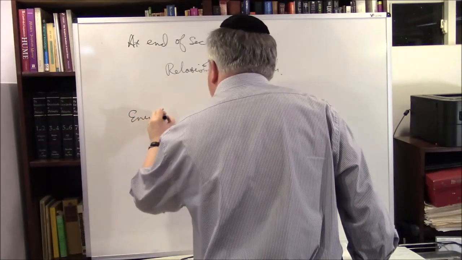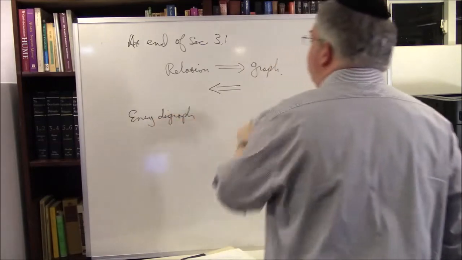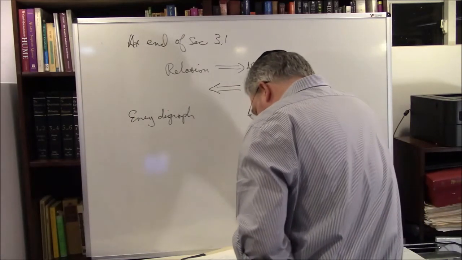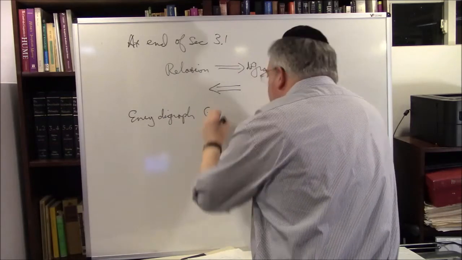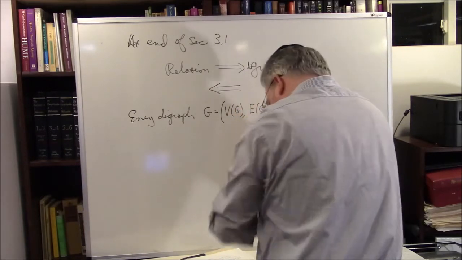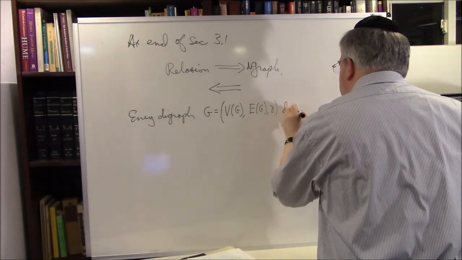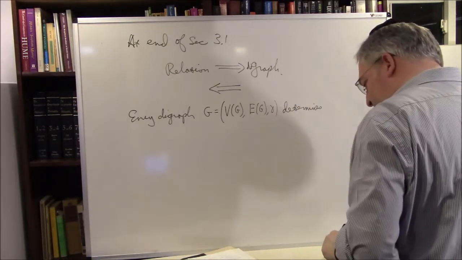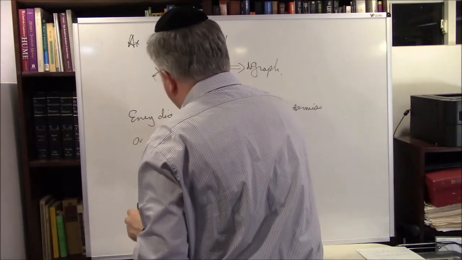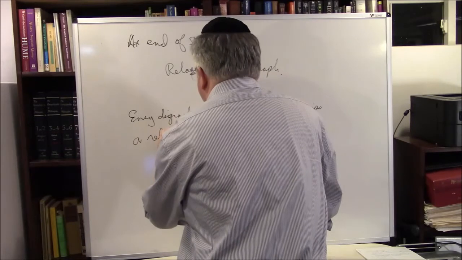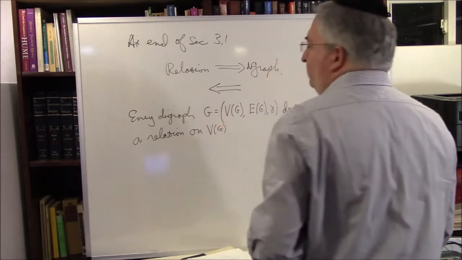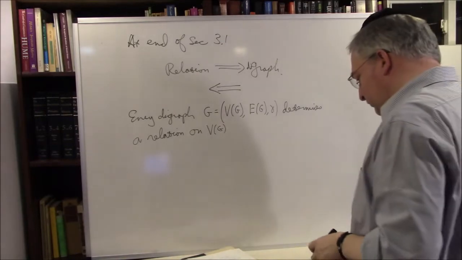Every digraph, keep in mind it's directed, every digraph G, which consists of the vertices of G, the edges of G, and gamma, determines a relation on V of G. I'd like to show you how that works.